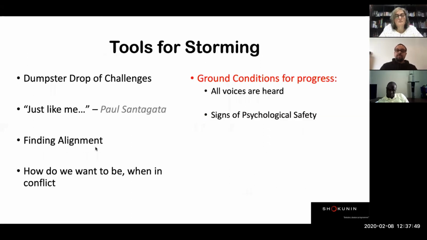And so for me, I think it becomes really important to talk about some of these tools. There's an idea that I started using recently called the dumpster drop of challenges. And it's almost literally, you can grab a trash can or a garbage can and say, hey, what do we need to drop in here? What do we need to let go of?